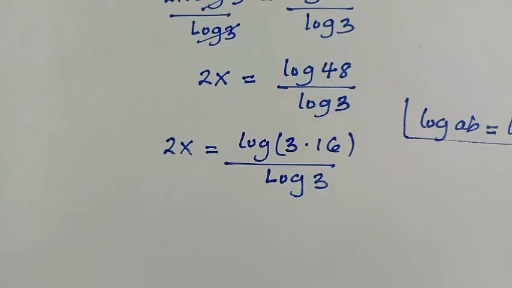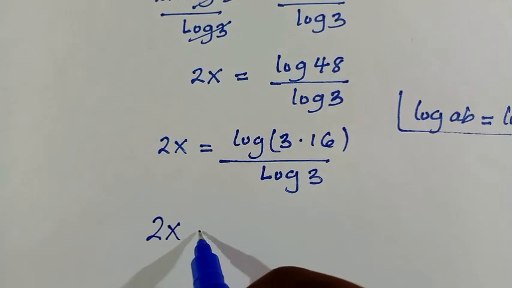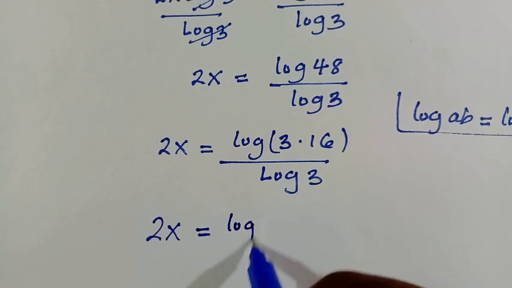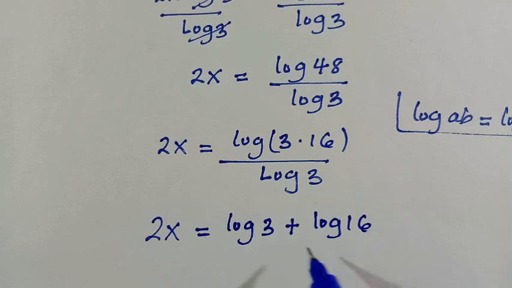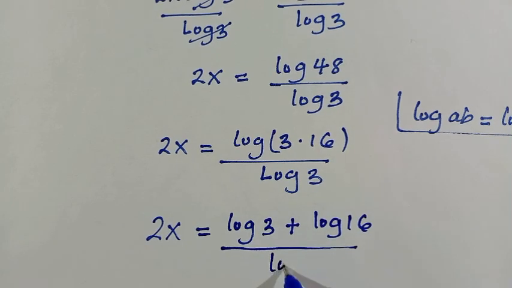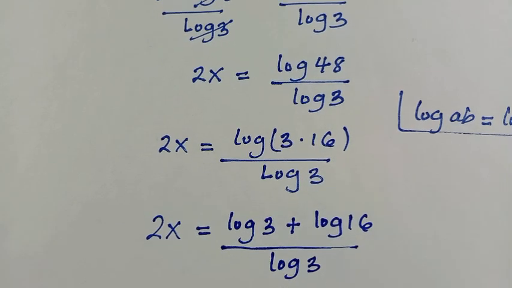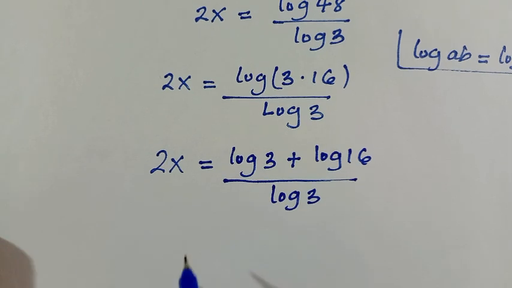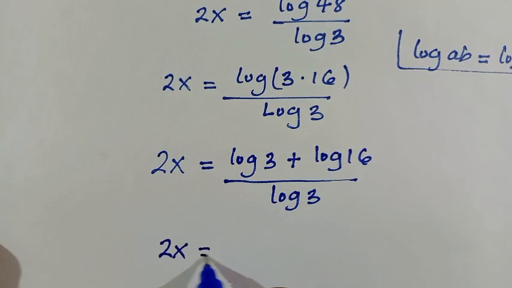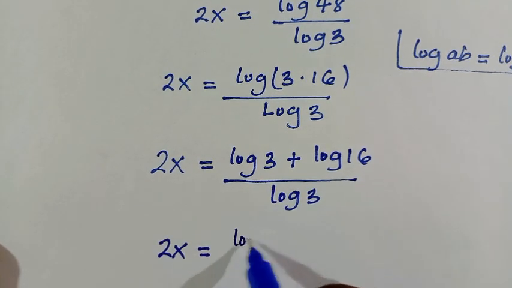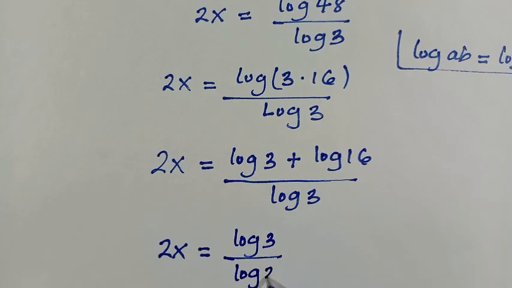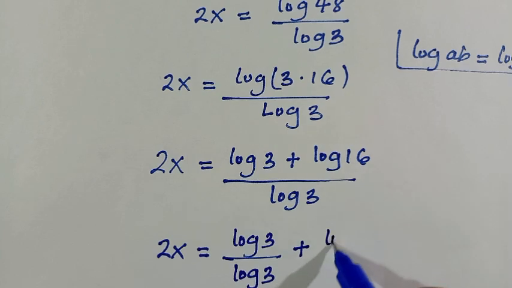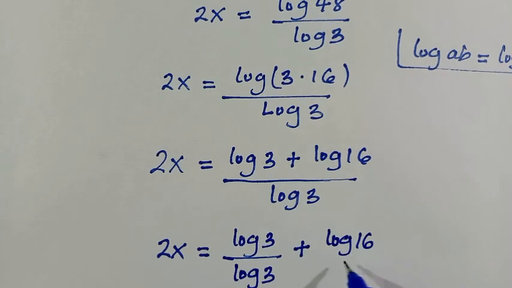And from here, we can write this as 2x equals log 3 plus log 16 divided by log 3. And from here, we have 2x equals, we separate this as log 3 divided by log 3 plus log 16 divided by log 3.